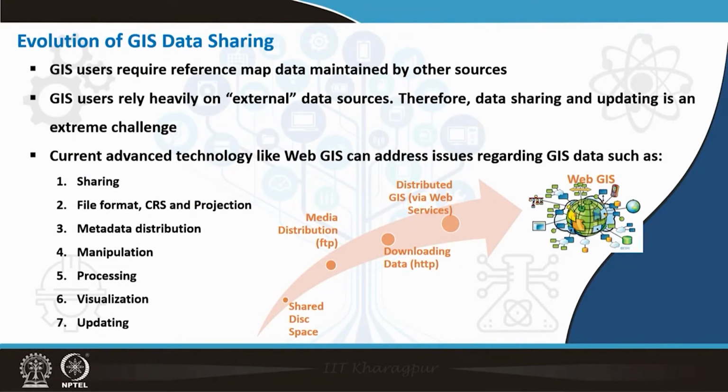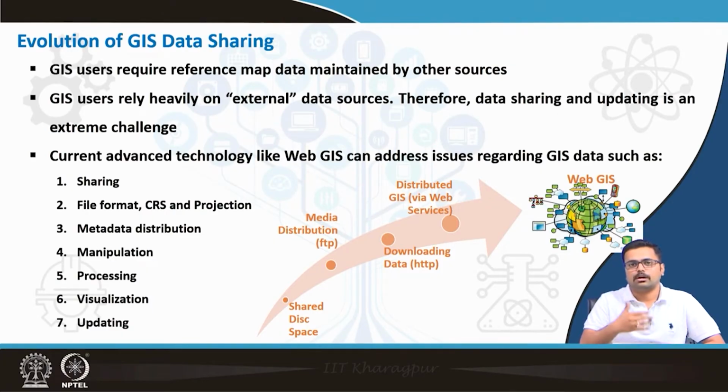Coming to the evolution of GIS data sharing, as we all know, GIS data sharing in the initial days was done through shared disk spaces, and then eventually we had media distribution in the form of FTP, that is nothing but file transfer protocol, and then we had downloading data from HTTP, that is nothing but hypertext transfer protocol, and finally we had something called distributed GIS via the web services.